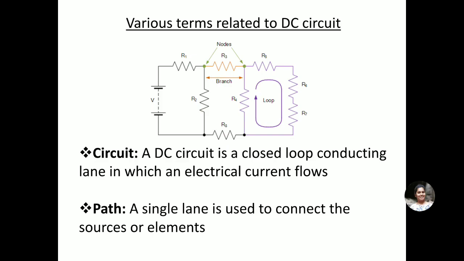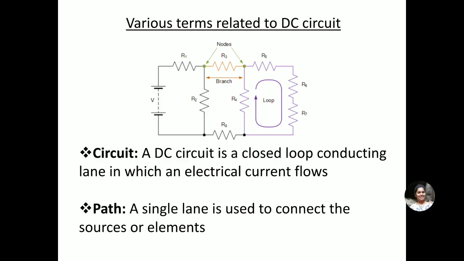All the connections are made perfectly such that one component is connected to the other. So this circuit is called a closed circuit. By definition, a circuit is a closed conducting loop in which electrical current flows. For the flow of current, that circuit should be a closed one.